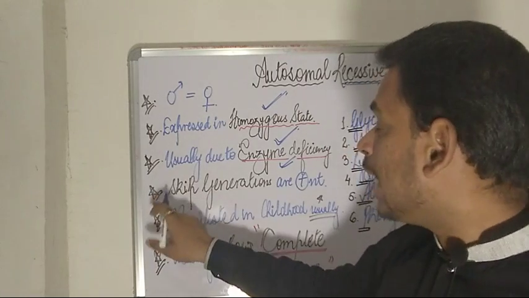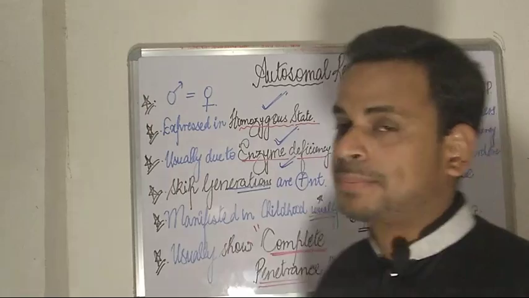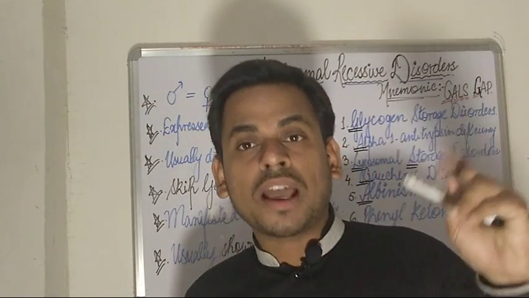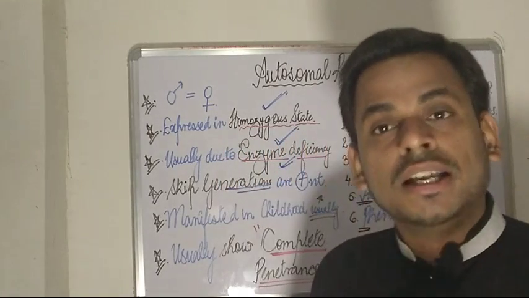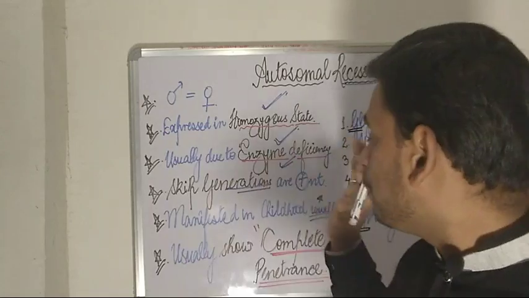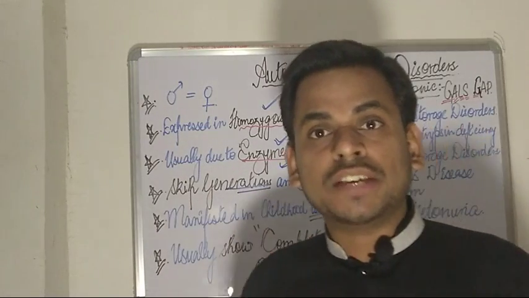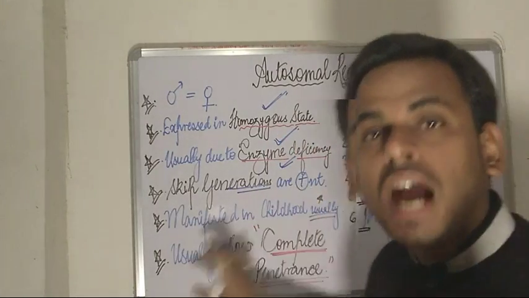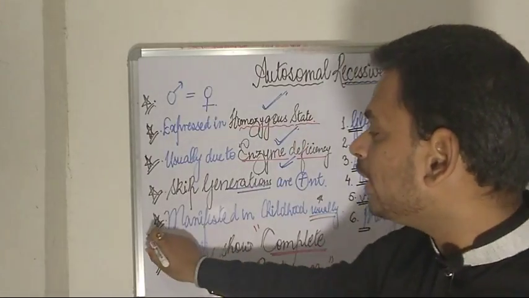Moving on to the next important point, in the autosomal recessive disorders, the skip generations are present. In contrast to the autosomal dominant disorders, where we have already seen that skip generations are absent, here the skip generations are present in case of an autosomal recessive disorder.